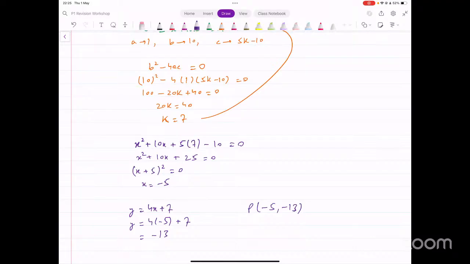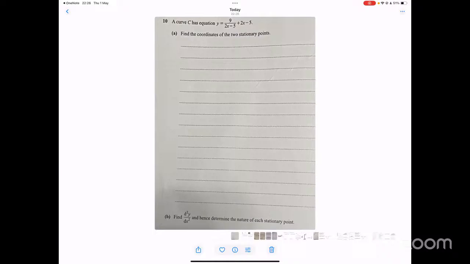May, June 25, paper 1-3, question number 10. I hope I don't have a copyright strike because of that. Let's just copy this here. So I'll share this part here first. Okay, and then the other one.